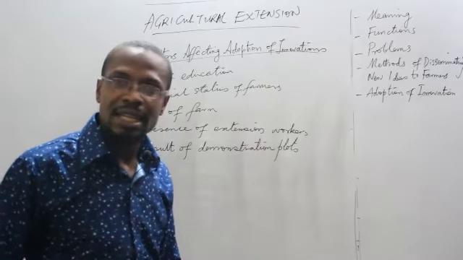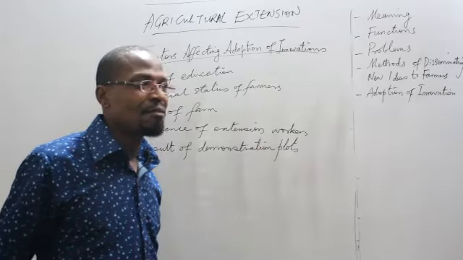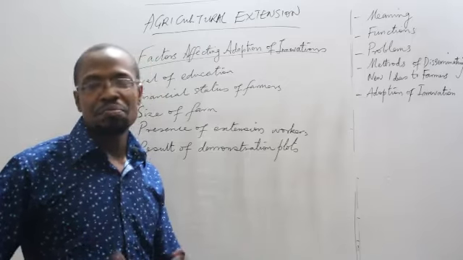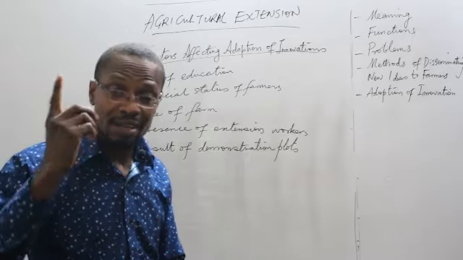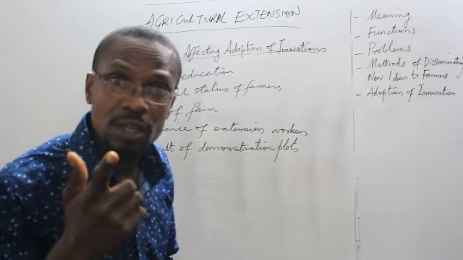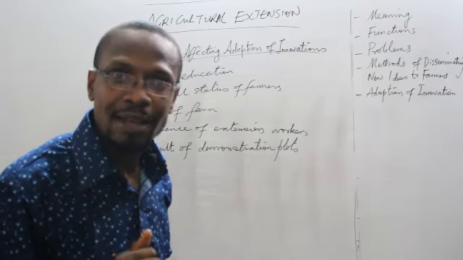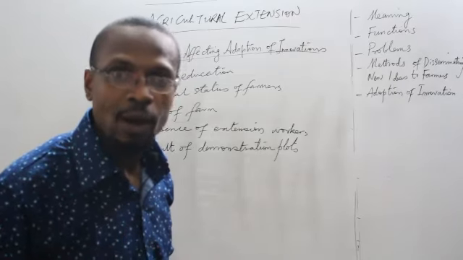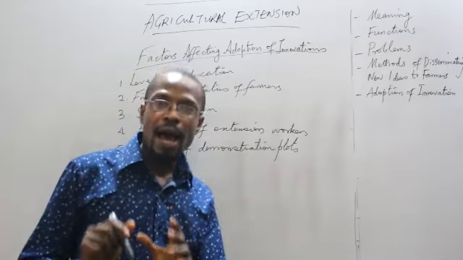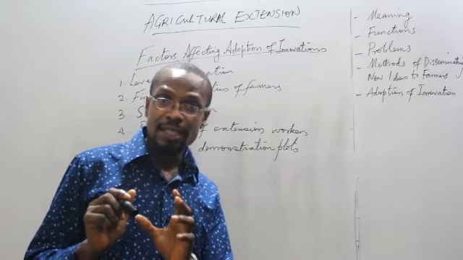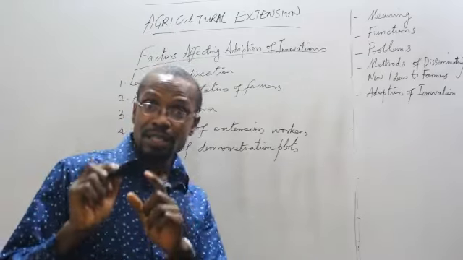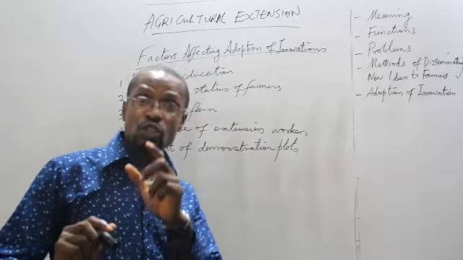So innovators are leaders. They may have heard of the idea through print media. Usually innovators are the educated ones. Of course you belong to that class. That's why you're listening to me right now. So the innovators are the leaders, and they are educated. And because they are innovators, they try new methods.